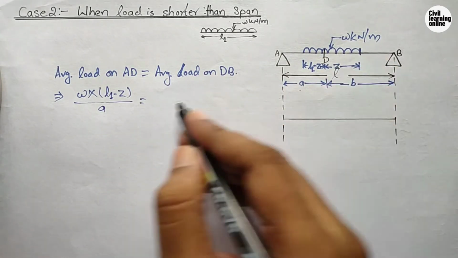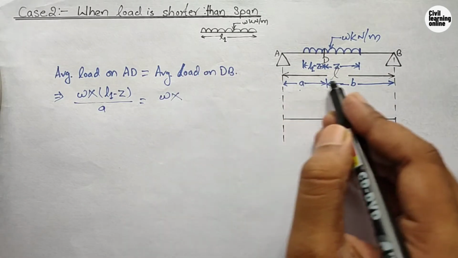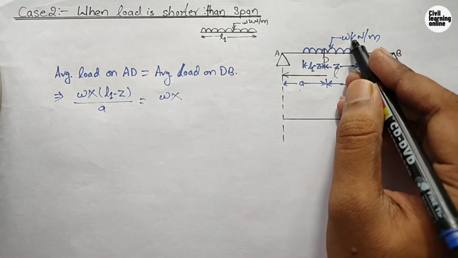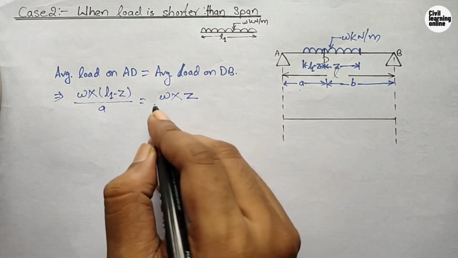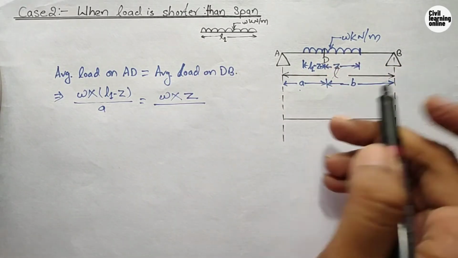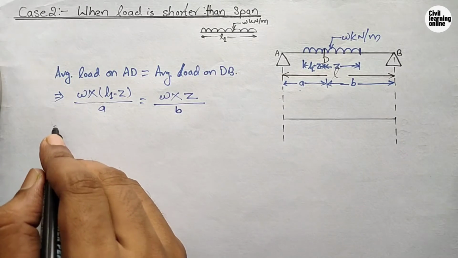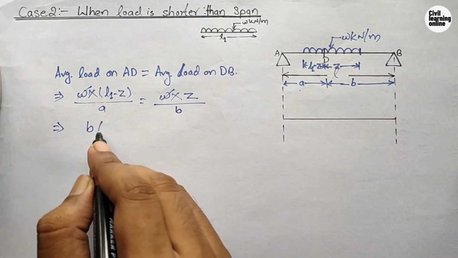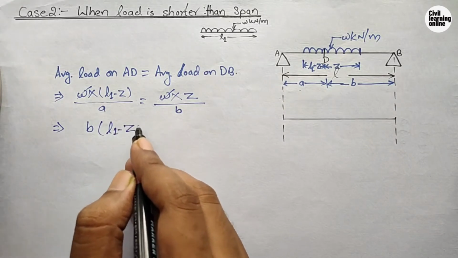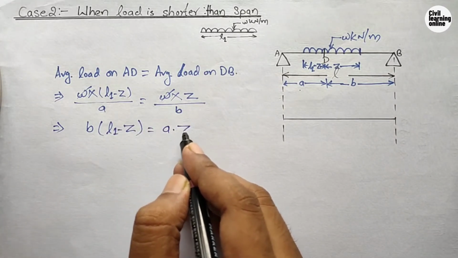Average load on DB means W multiplied by the span of the load on DB, which is Z, so W times Z divided by the span DB, which is B. On solving this, we need to do the cross multiplication: B times L1 minus Z equals A times Z.